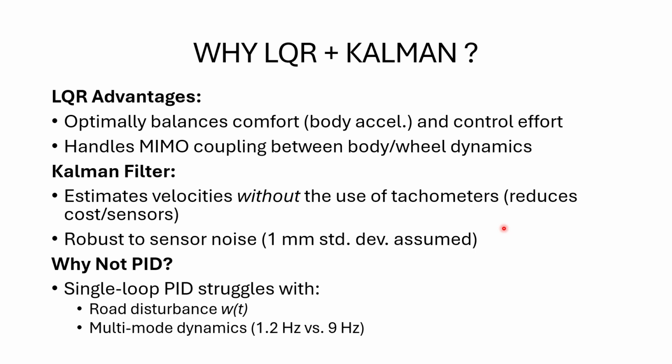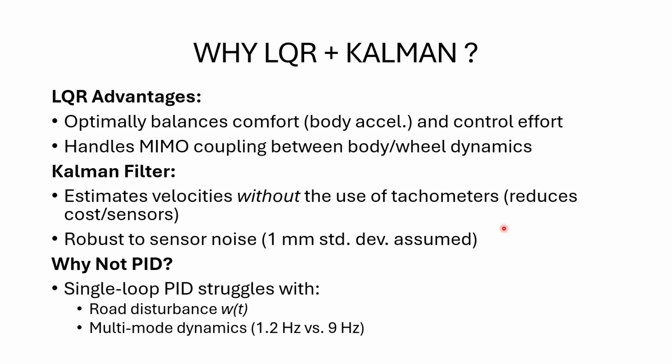So why LQR and Kalman? I chose LQR because it optimally balances comfort, by minimizing body acceleration, with control effort, and it also handles coupling between body and wheel dynamics in the MIMO system. The Kalman filter lets us estimate velocities without extra sensors like tachometers, which keeps the cost down, and it is also robust to noise, which we assume to be only around 1 millimeter standard deviation.